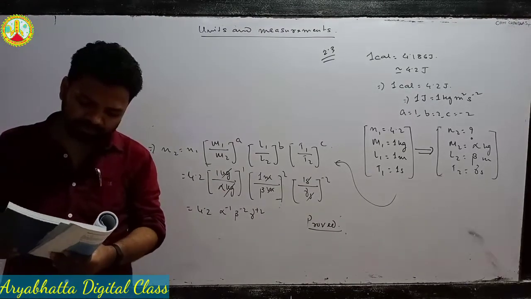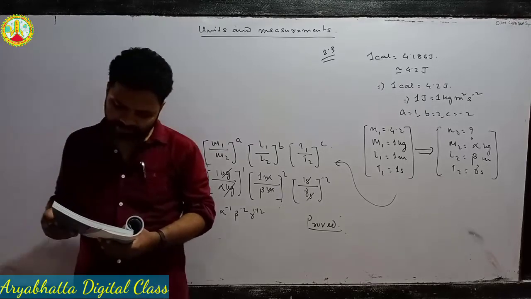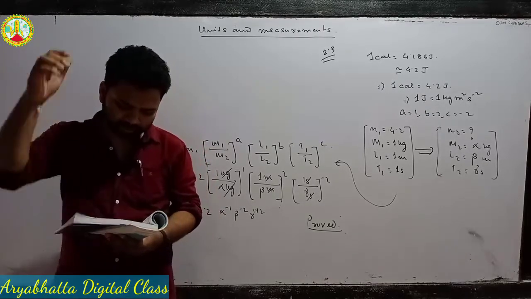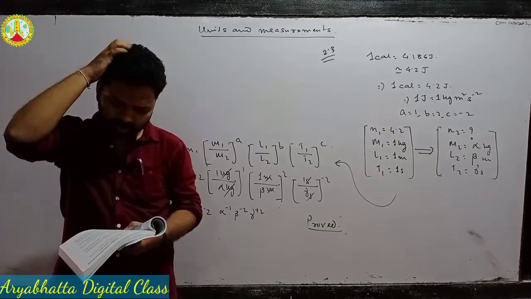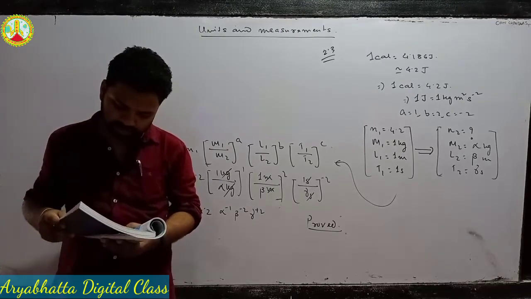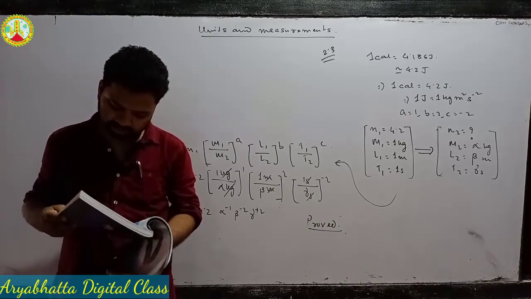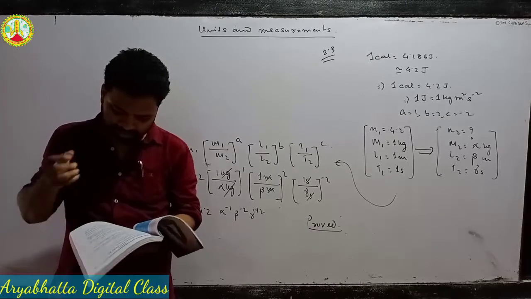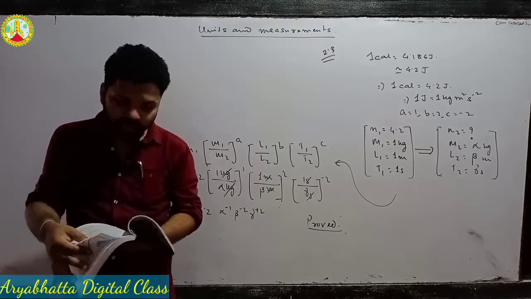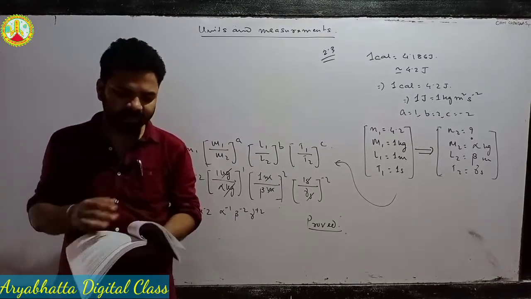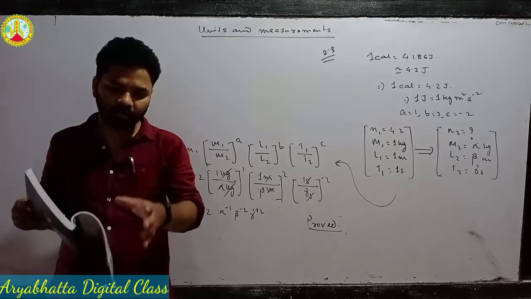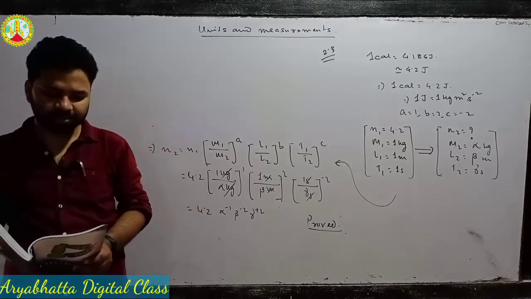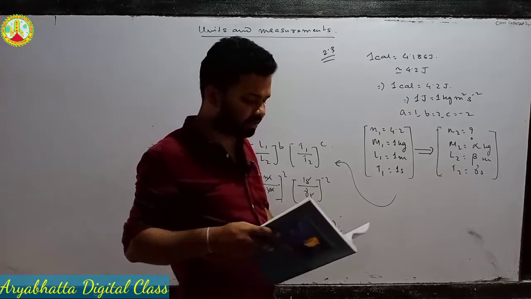So 2.4 is not required. 2.5 is homework, you people do this. 2.6 you can also do, okay. Then 2.10, how many significant figures are there? The rules I have given already. Use these ones: the length, breadth and thickness of these.